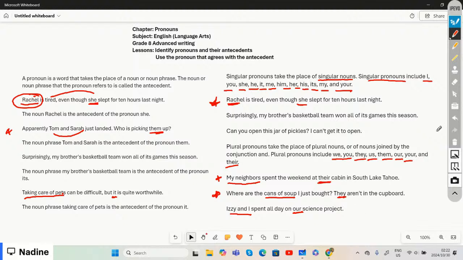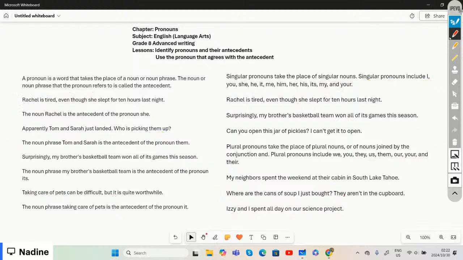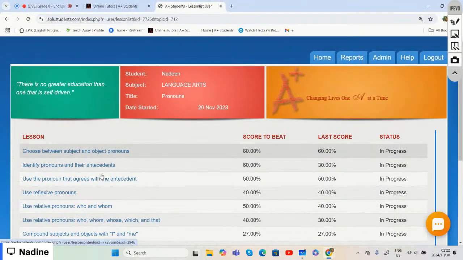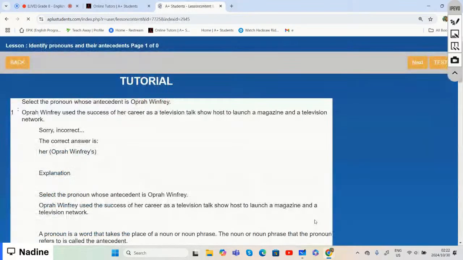All right, so now we're going to A plus students.ca, where we are going to identify pronouns and the antecedents.